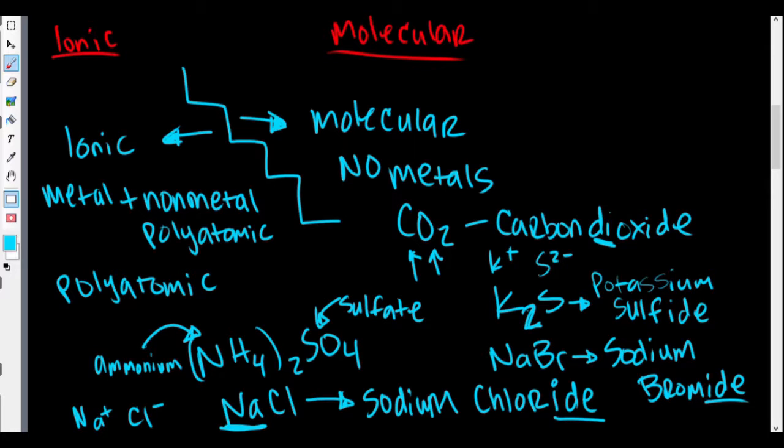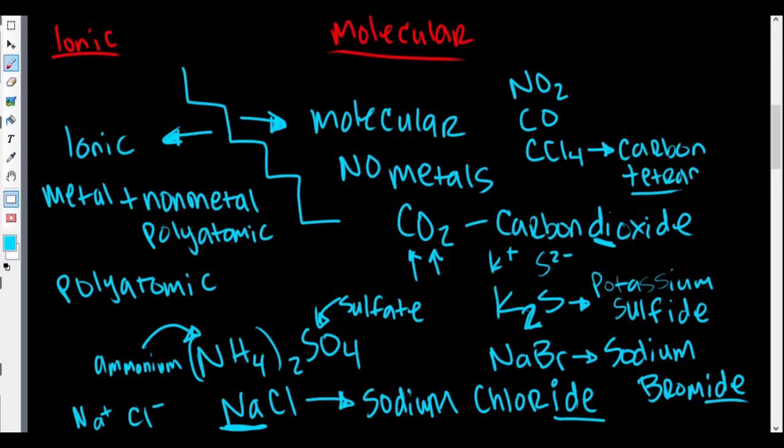And then for molecular, you have stuff like NO2 or CO or CF4. I'll go more into how you can tell how to name these in a minute, but this would be carbon tetrafluoride, tetra meaning 4.